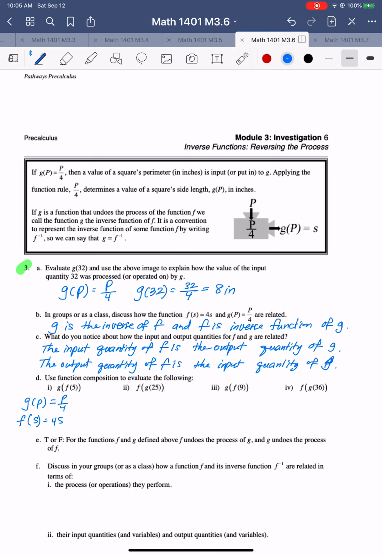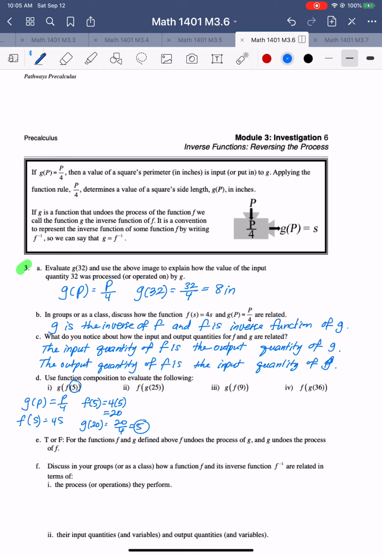You'll see actually a surprise, okay? So f of 5, I'll plug in f of 5, which is 4 times 5, which is 20. And the 20 is the input going to the g function, so 20 over 4, which is 5.